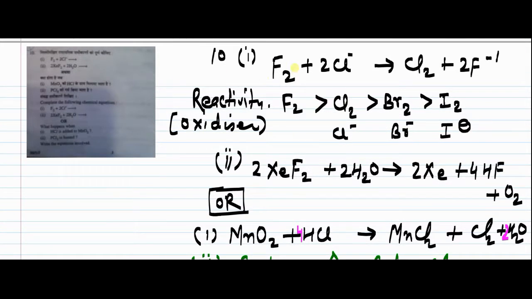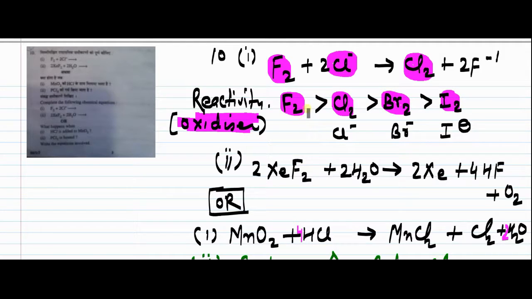In this reaction, fluorine reacts with KCl, NaCl, resulting in Cl2 plus F minus. Here fluorine acts as a strong oxidizer. The reactivity or oxidizing nature of fluorine is greater than Cl2, Br2 and I2.